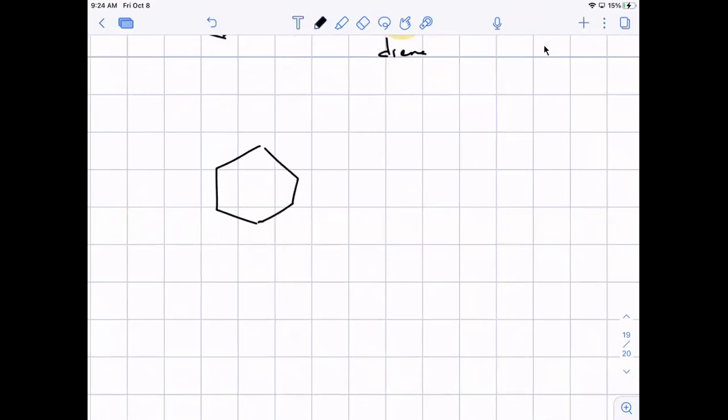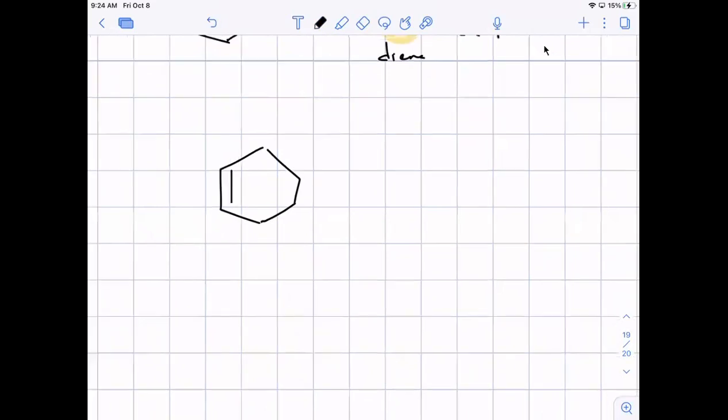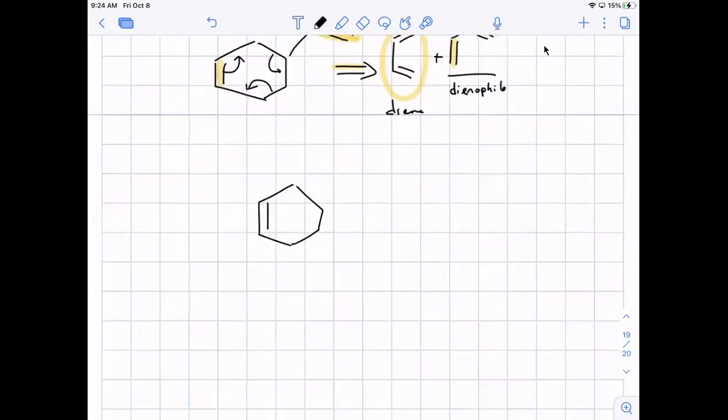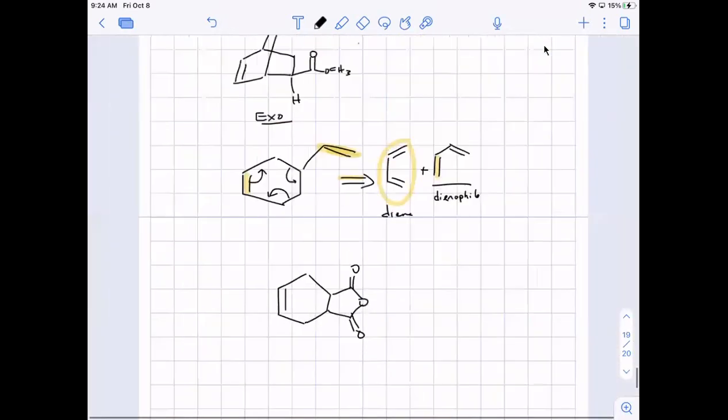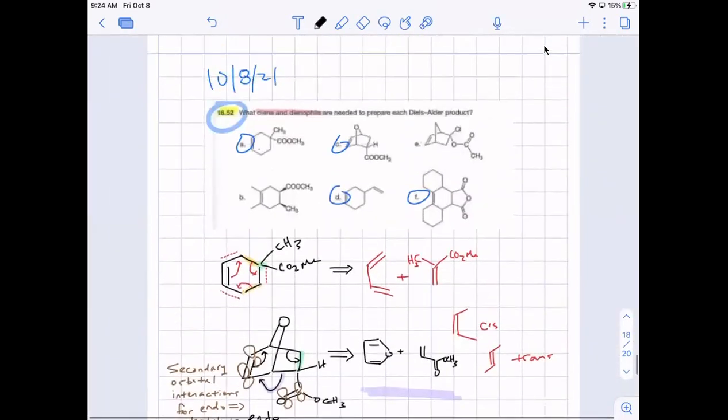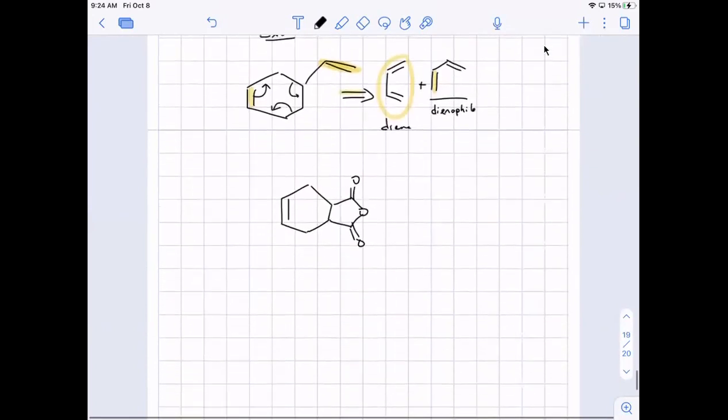That, and then this is my alkene. It has an anhydride on it. Make sure I get this right. Okay, I see it now.